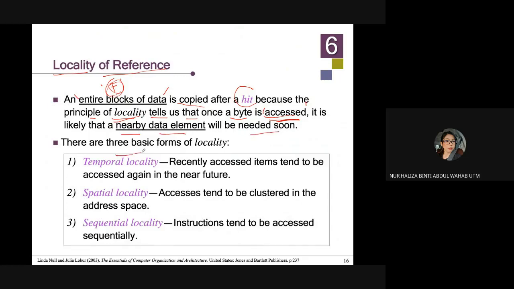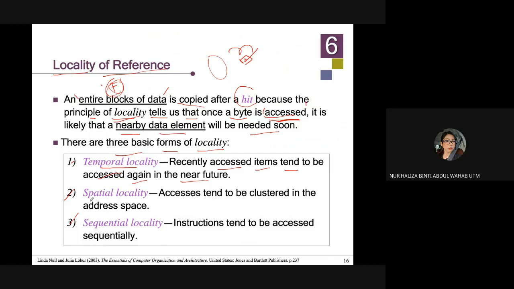So there are 3 basic forms of locality: temporal locality, spatial locality, sequential locality. So what does temporal locality do? Recently accessed items tend to be accessed again in the near future. For example, things that you need to use again and again afterwards will be saved in your temporal locality.